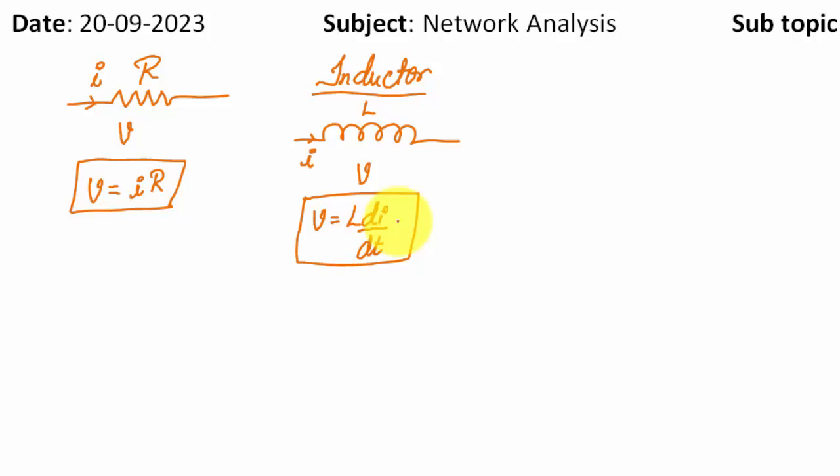L is the inductance that is being offered, and here the change in current is what it is bothered about. So what I mean to say is, any change in current, inductor is not going to allow it. So it is acting like a current shock absorber.